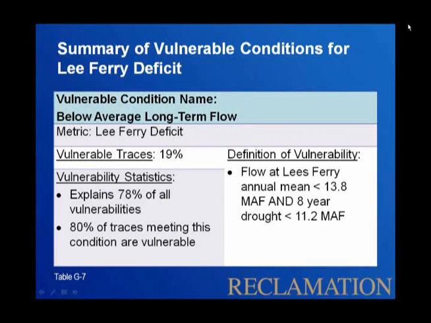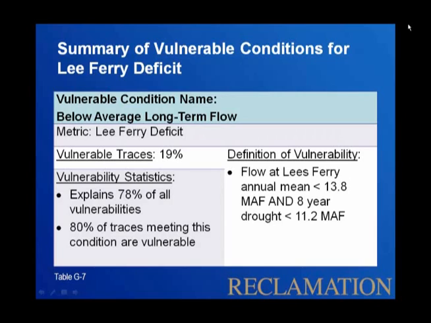Now, of all those traces we had plotted up, 19% were vulnerable, meaning 19% of those points on the figure were red. Now, the important thing is we want to look at our vulnerability statistics. The space we define per that definition shown right captures 78% of vulnerabilities. So 78% of the red points on that figure fell within our space. So essentially we're capturing 8 out of 10, which is a pretty good success rate.